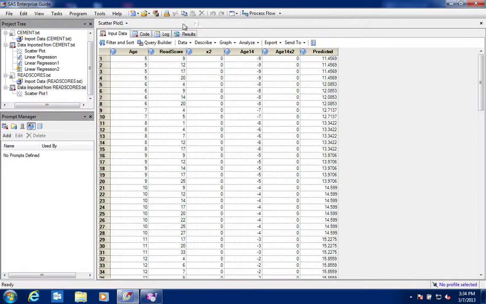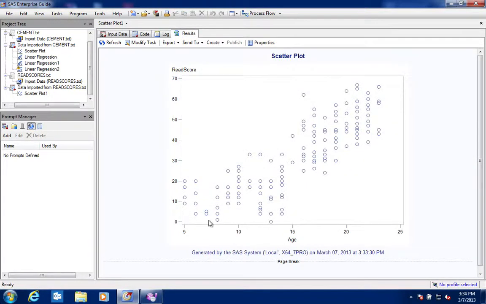So you can say that x2 is equal to 1 if age is greater than 14, and equal to 0 if age is less than or equal to 14. That is what you see here.